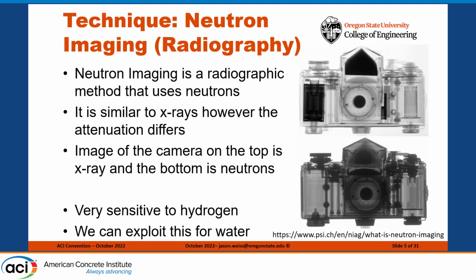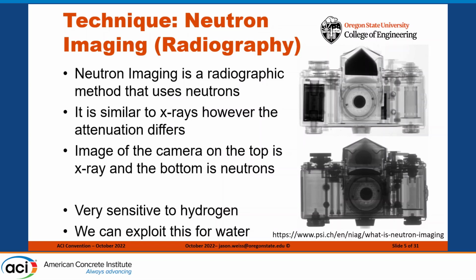The basic approach here is that this is really being used as an imaging or a radiographic technique. On the top you can see an X-ray radiograph, and I think we're all used to those. We saw a really good talk earlier today on some X-ray imaging. On the bottom is a neutron radiograph of the exact same camera.